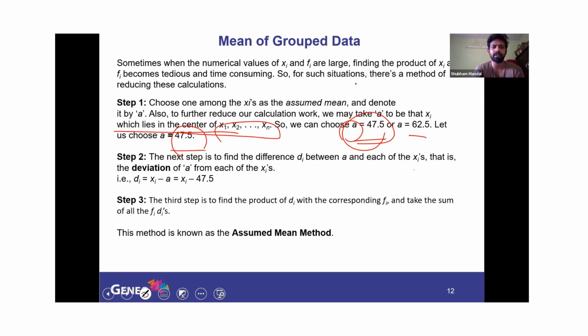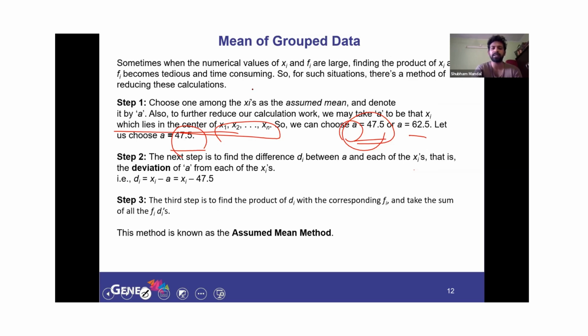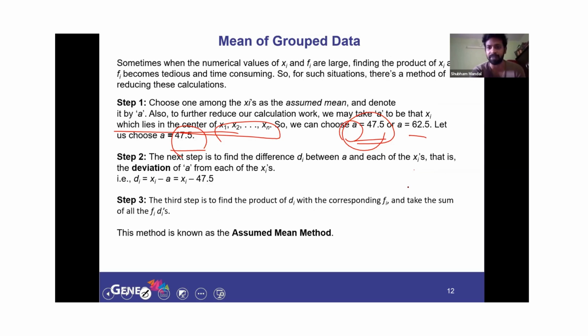And finally, the third step is to take the product of frequency fi into di. In the previous method, we had fi into the class mark, fi into xi. But here I am doing fi into di, which is the deviation. Sigma fi di.